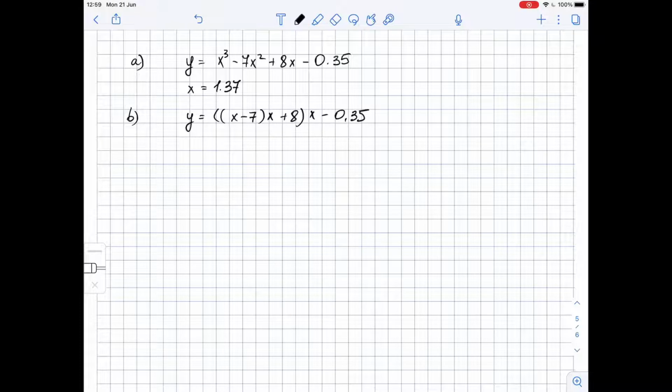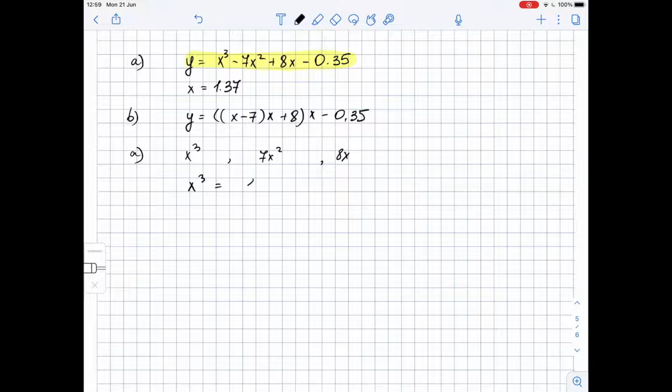To find the value of this polynomial at x equals 1.37, we need to find x cubed, 7x squared, and 8x. So let's start with x cubed.